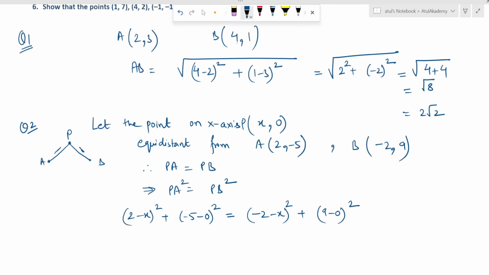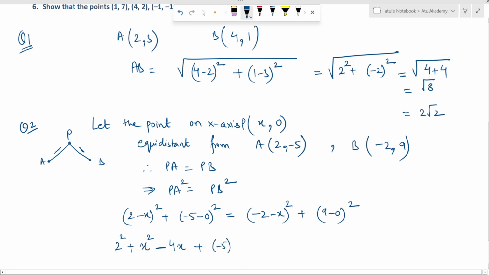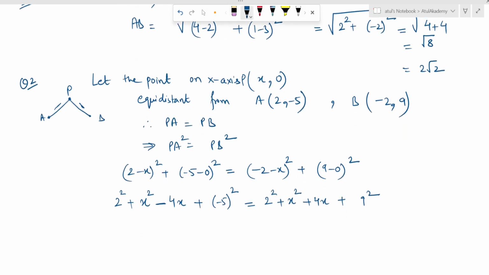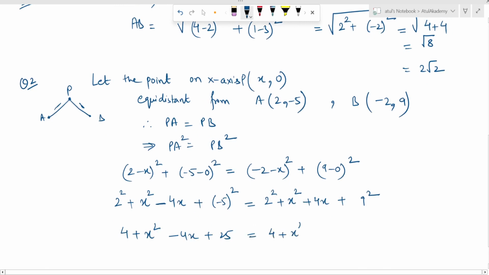So for (2 minus x) whole square, let's open it using the identity (a minus b) whole square. That's 2 square plus x square minus 2 into 2 into x, which is 4x, plus (minus 5) whole square. This will again be 2 square plus x square plus 4x plus 9 square. Let's simplify: 4 plus x square minus 4x plus 25 equals 4 plus x square plus 4x plus 81.